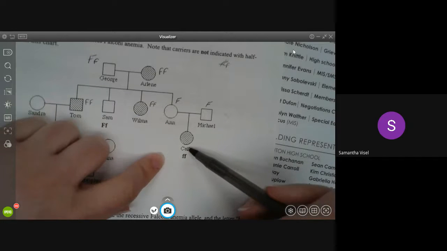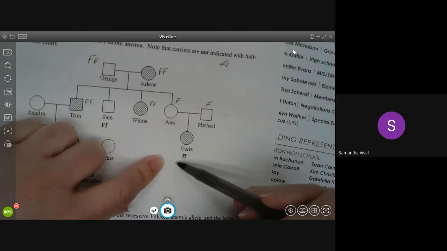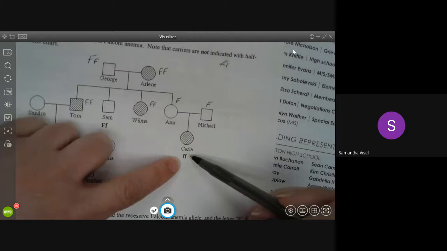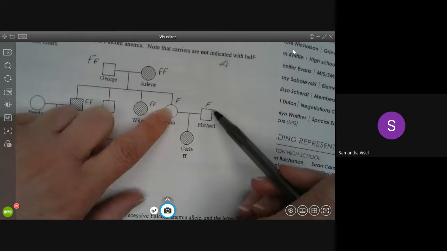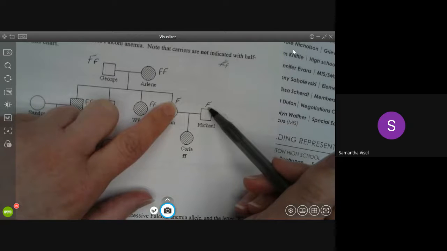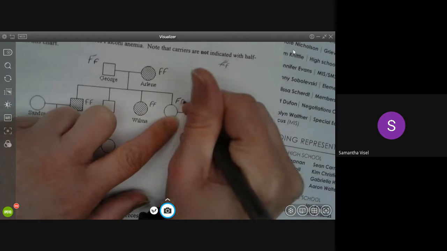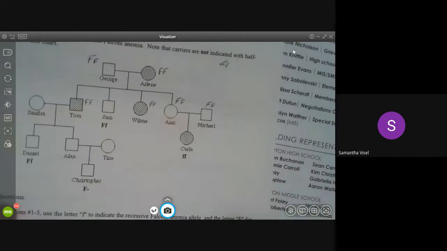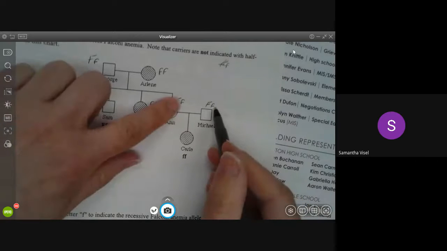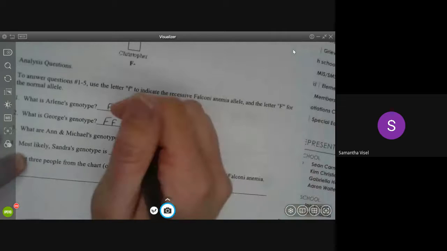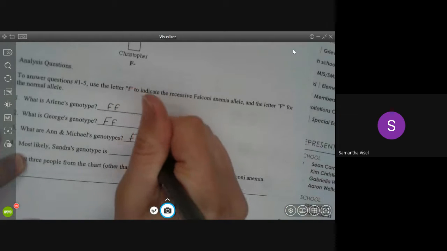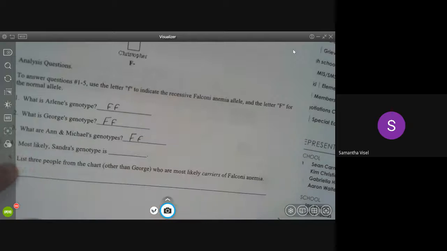Carla has the disease, so her genotype is little f, little f. That means she must have gotten these 2 little f's from her parents. We know one of their alleles has to be an uppercase F because they do not have the anemia, so their other allele must be lowercase f so that they could offer it to Carla. So Anne and Michael must be heterozygous.